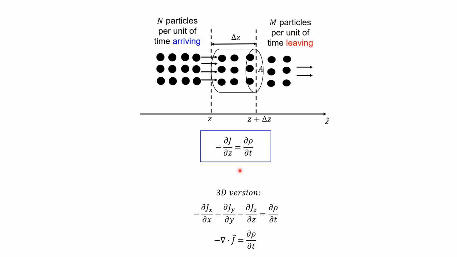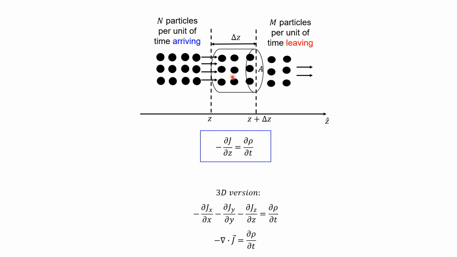And the physical fact that is expressed is the conservation of charge. So if ρ is a concentration of charge and J here is an electric current density, then this expression is telling us that the charge that arrives minus the charge that leaves is the charge that stays. So in other words, charge is conserved.